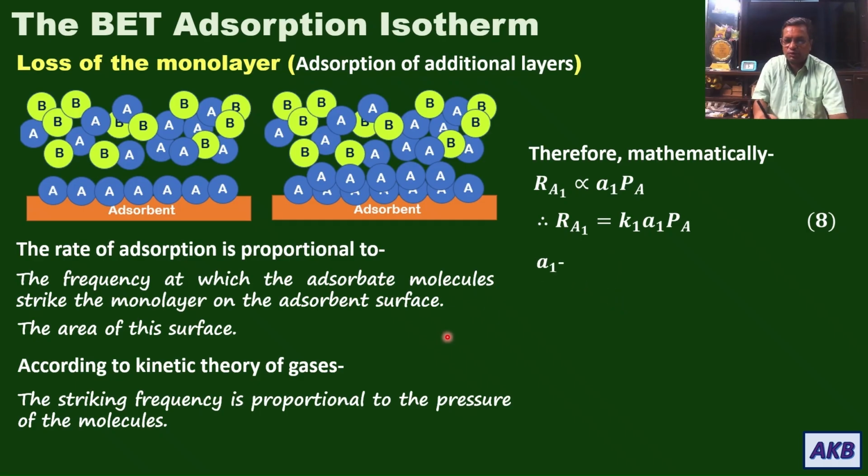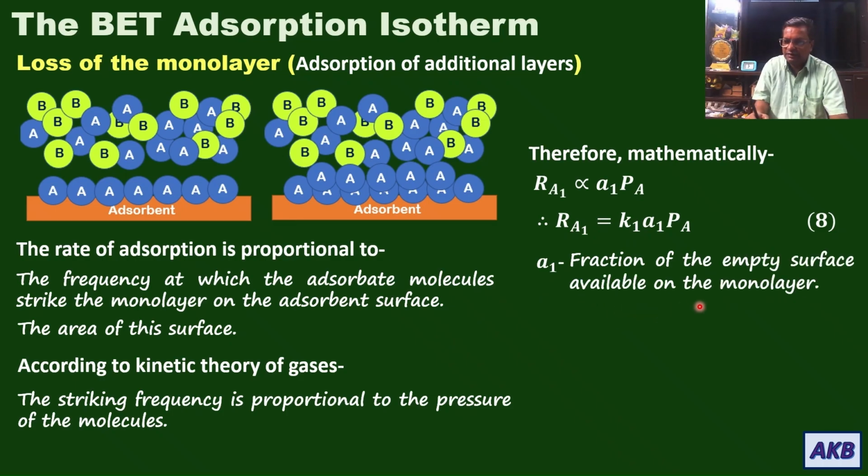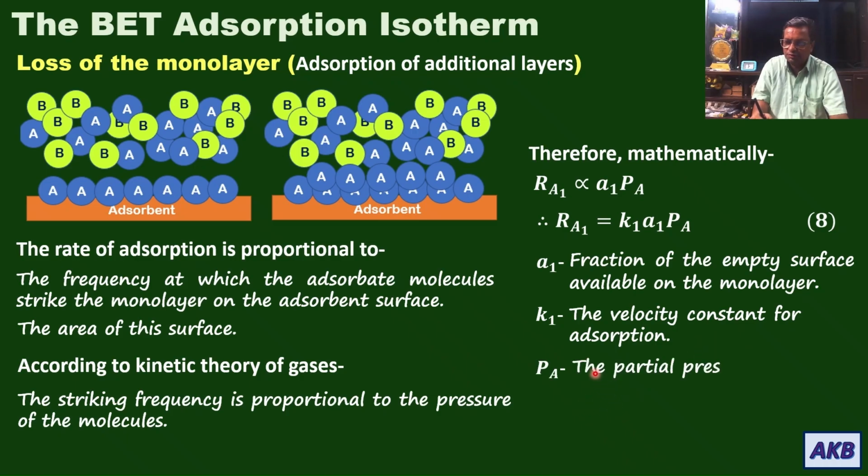So let us move ahead. In this, A1 is the fraction of the empty surface that is available on the monolayer, because the rate will be proportional to that surface. And K1 is the velocity constant for adsorption on the monolayer, and PA is the partial pressure of the gas E in the gas mixture.